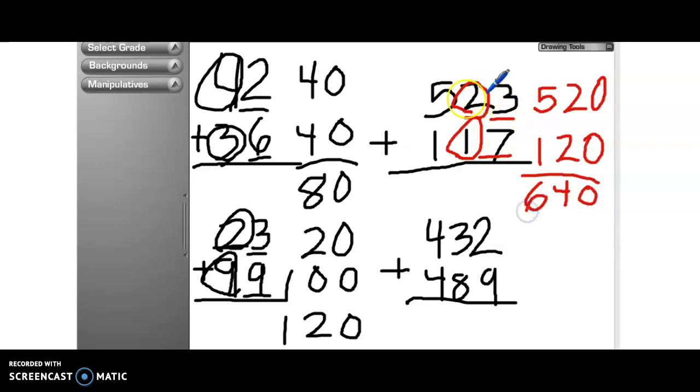So instead of adding 523 plus 117, which is two hard numbers, I made them more compatible so that I could get the answer. Now is 640 the exact answer to 523 plus 117? No, it is not. However, it's an estimate, and that's what we're doing today.